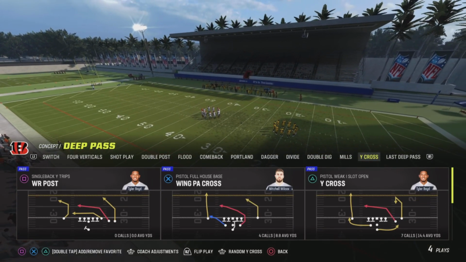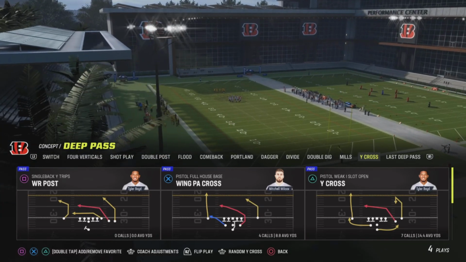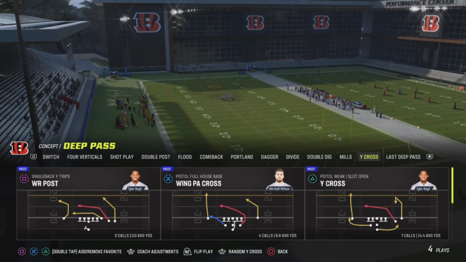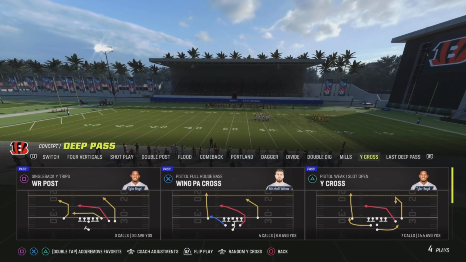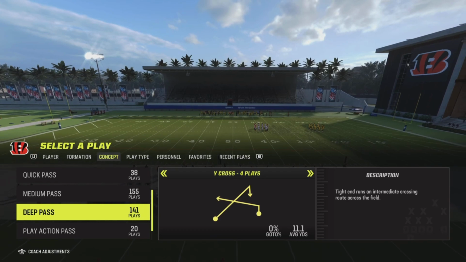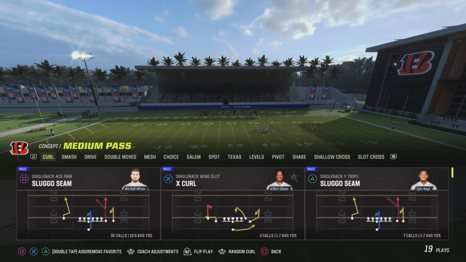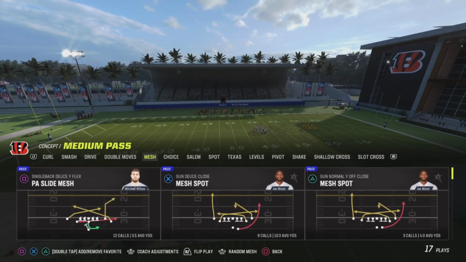So to this, I also have to credit Gilman and that era of the BYU offense. Now the first concept I want to start out with is the mesh concept.